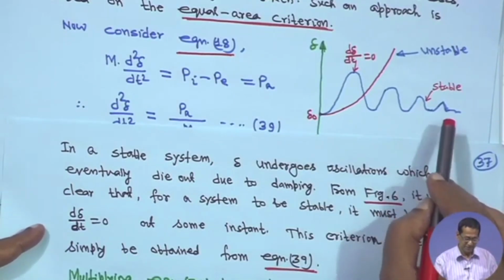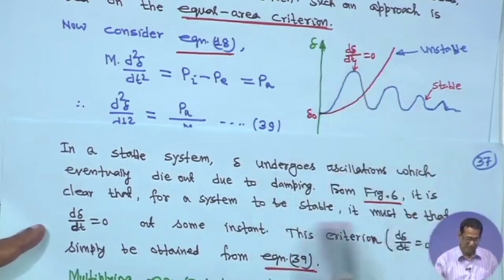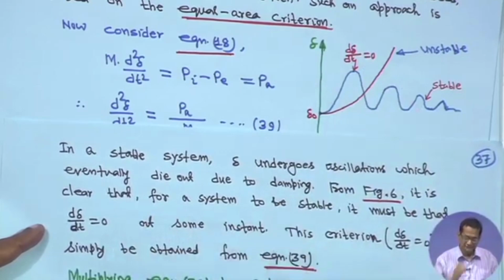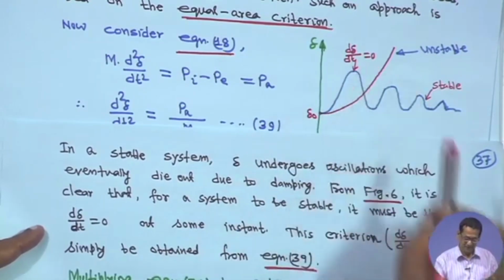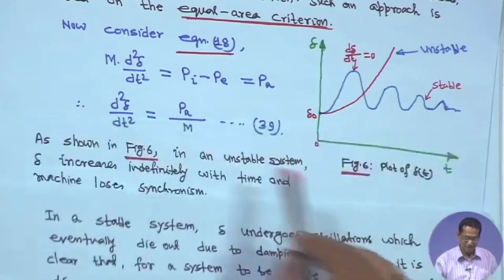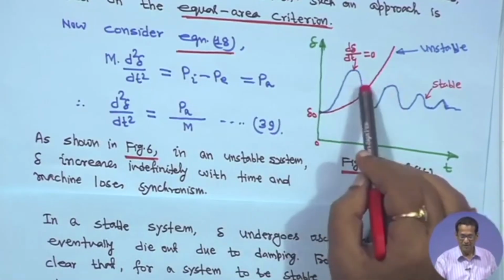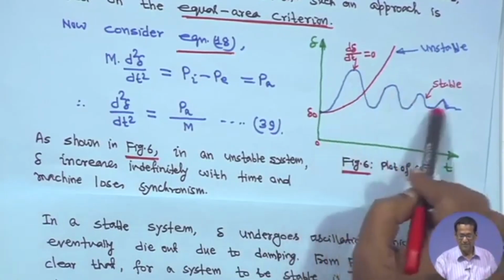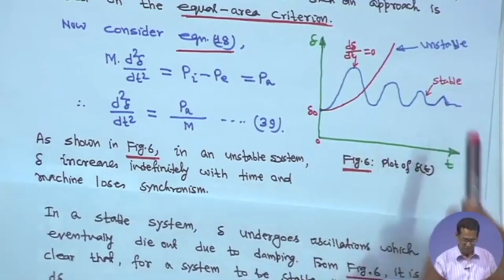From this it is clear that for a stable system, at some point d delta by dt has to be 0. This criterion can be obtained from equation 39: if d delta by dt is 0, then the system will become stable.